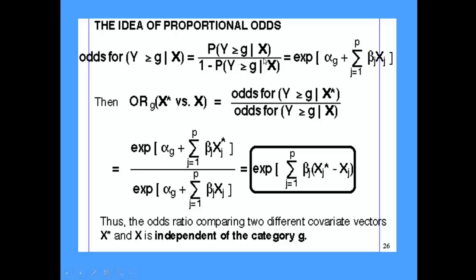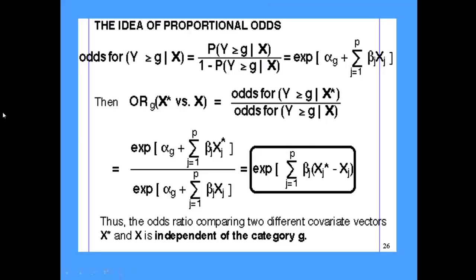Now, suppose we talk about an odds ratio. This is a formula for the odds for an individual who has a certain set of values of the predictors. Now, suppose we have two individuals, just like when we talked about an odds ratio in binary logistic regression: an individual X star and an individual X. We want to get the ratio of those two odds.